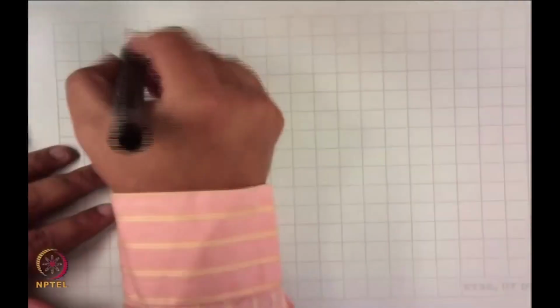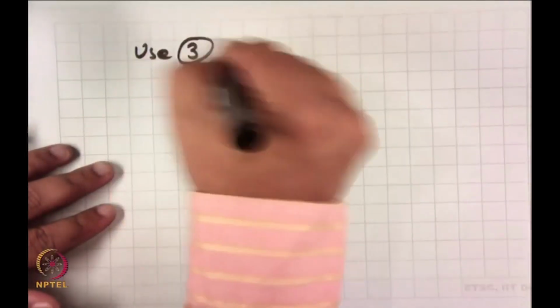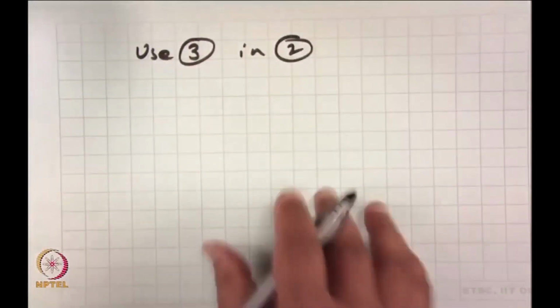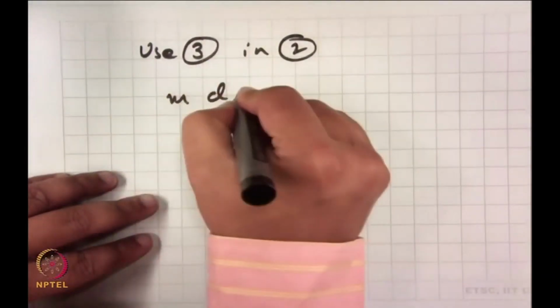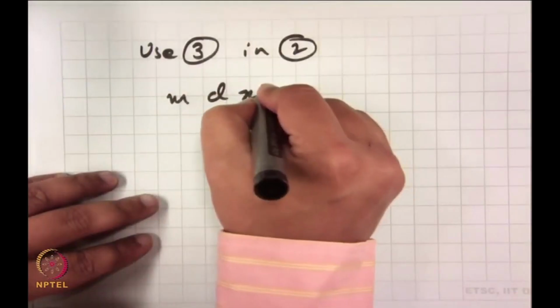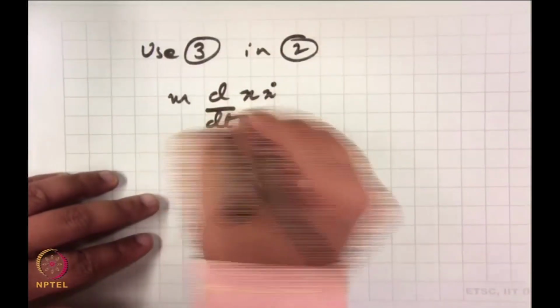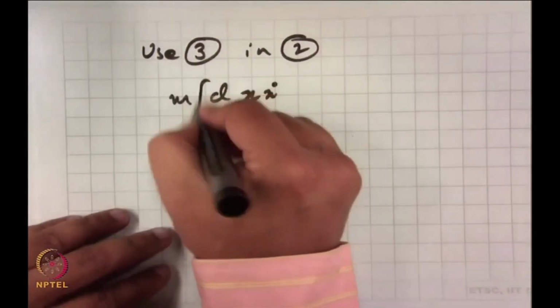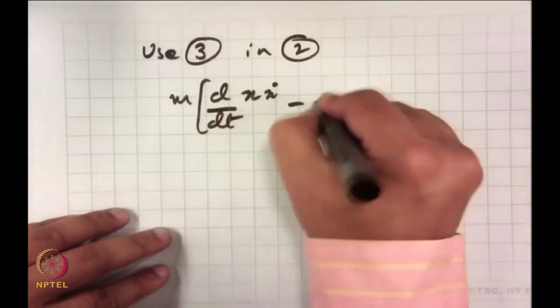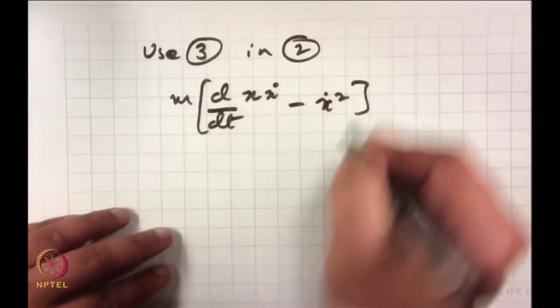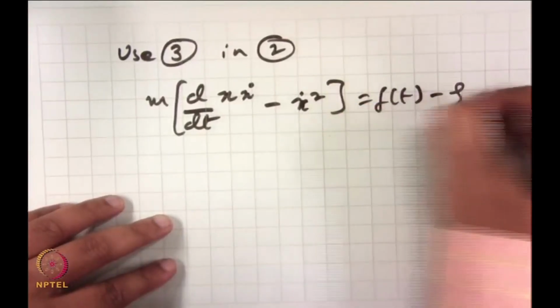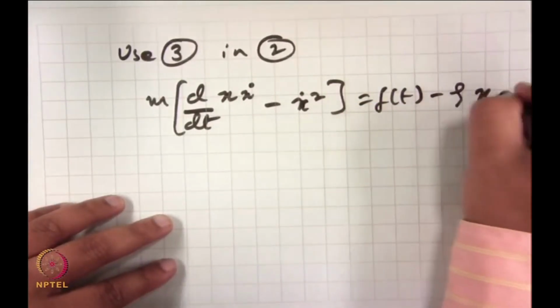Then I will use 3 in 2, and what I will write is m d of x x dot over dt, which is what I replaced it by, minus x dot squared, is equal to f of t minus xi x x dot.